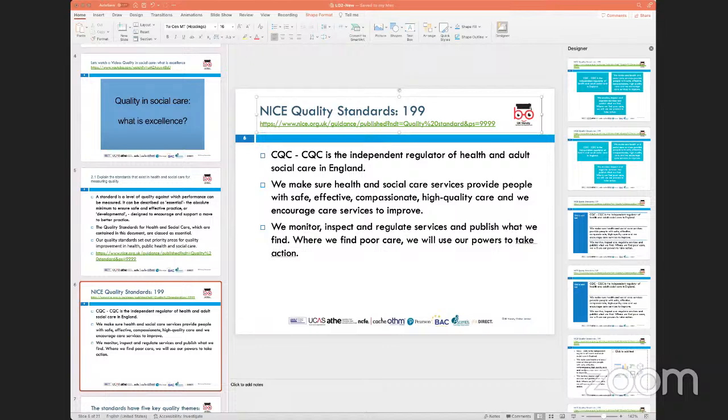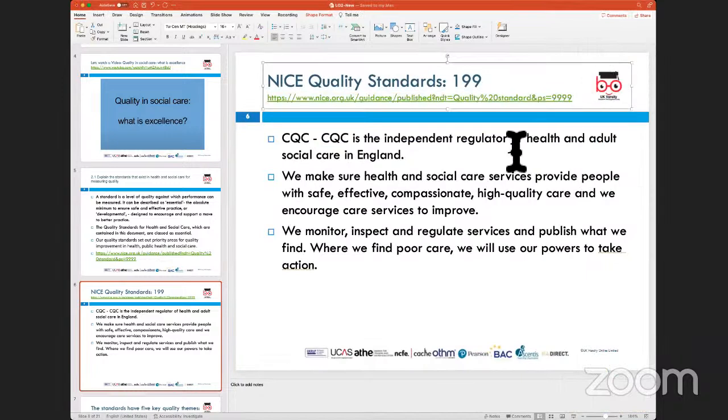And this particular slide also has a hyperlink, and that hyperlink essentially talks about the 199 standards which are there in this particular context, and depending on the settings and the healthcare provider or the settings that we have, these standards are then implemented for the purposes of providing services to members of the public.